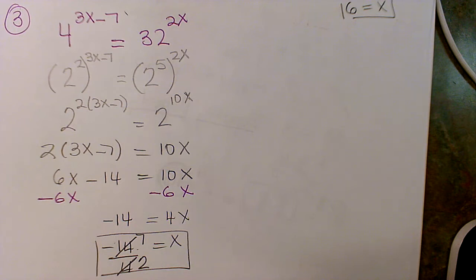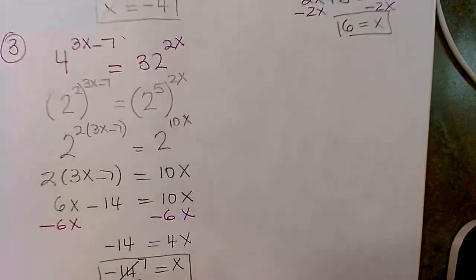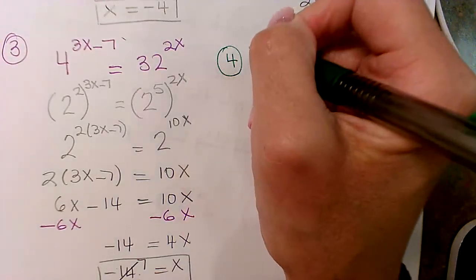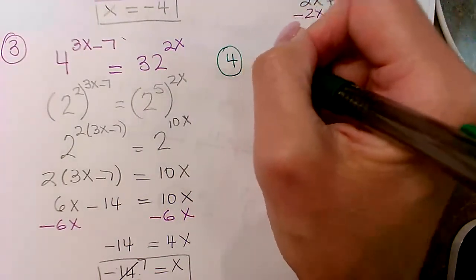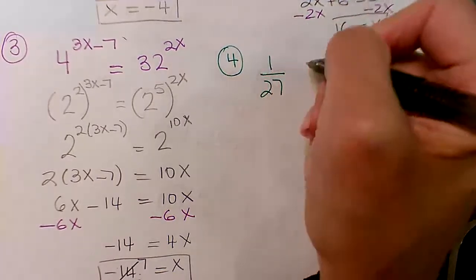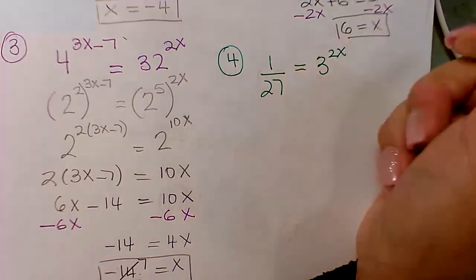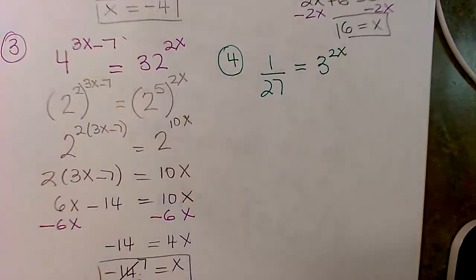Okay. Now, look at this one. It's kind of different. 1 over 27. So go ahead.